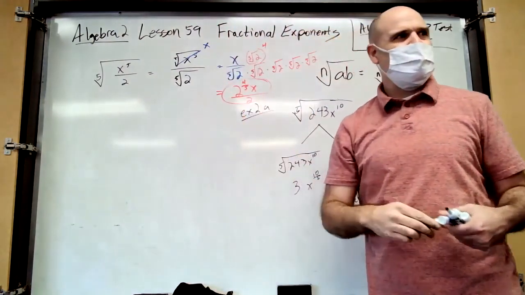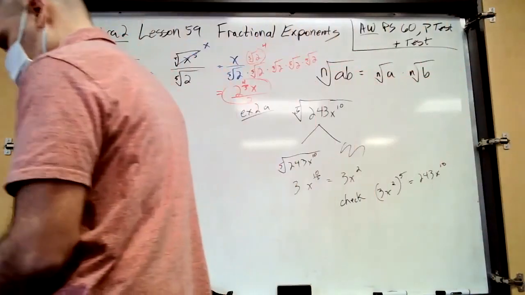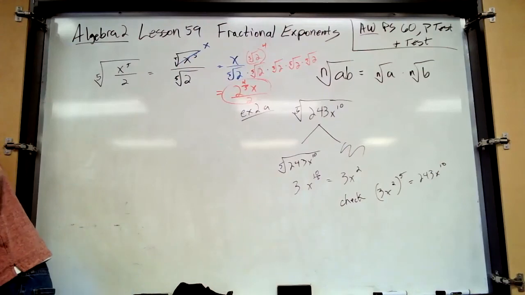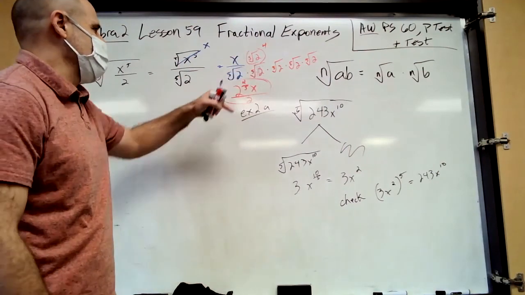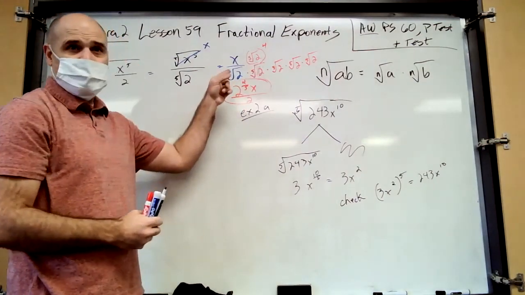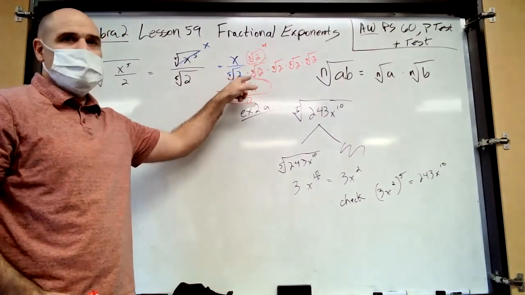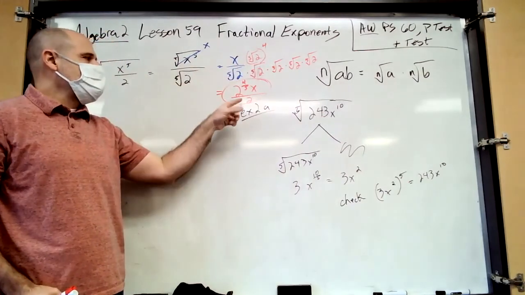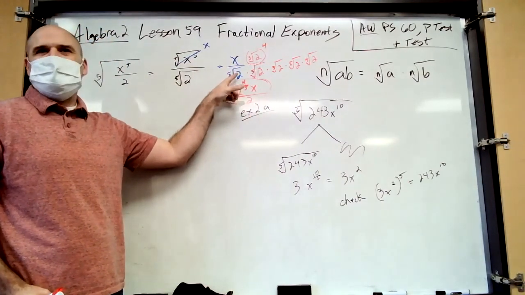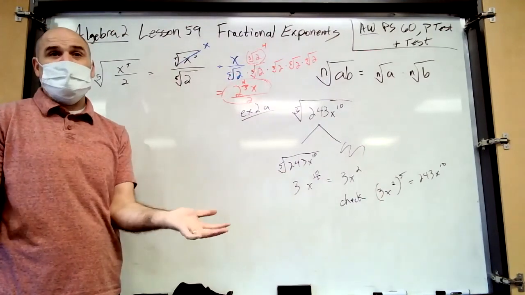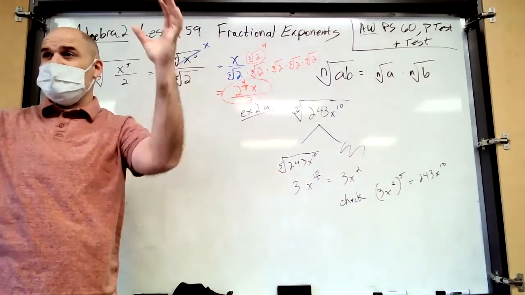Wait, how did you get this? And you don't have to write it like this. You could just leave it like this. So how did I get the 2 on the bottom? Because I had to cancel this 5th root radical. The only way to cancel a 5th root radical is to raise it to the 5th power.